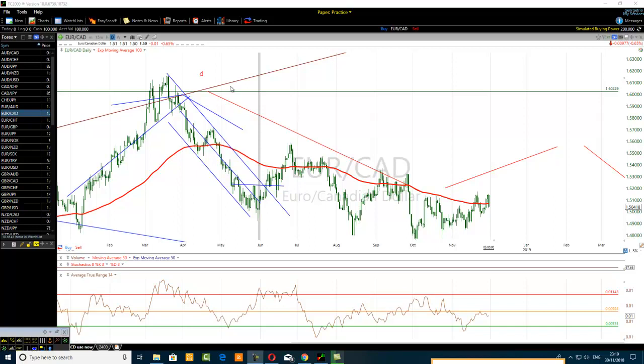The first question is, who develops the average true range technical indicator? Many traders know that the average true range is developed by Willis Wilder.